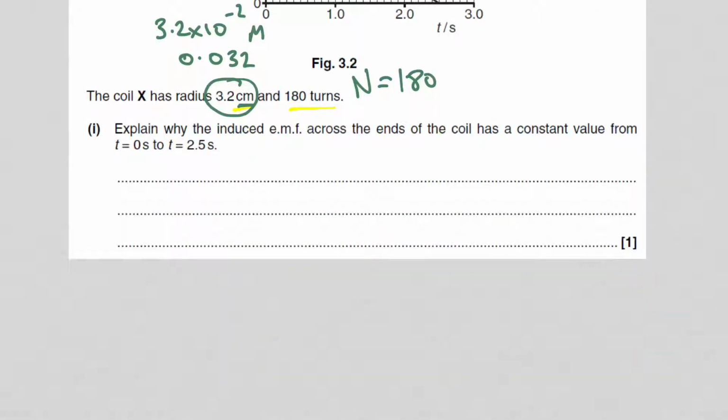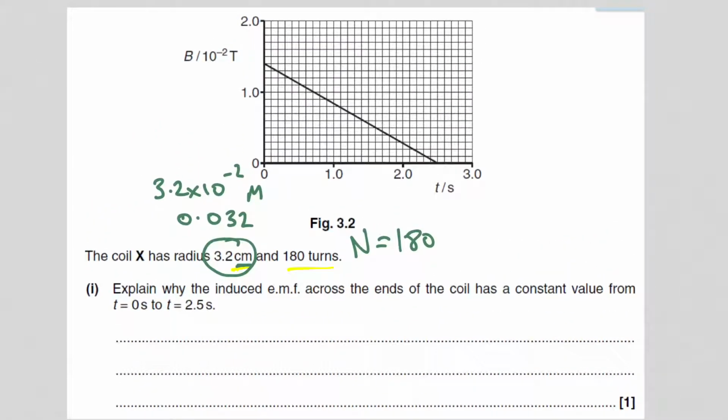So for part I, we need to explain why the induced EMF across the ends of the coil has a constant value from time equals 0 to time equals 2.5 seconds. So you need to notice that on the y-axis is the magnetic field strength and not the EMF, and that's what you need to be talking about. So because it's a constant rate of change, in other words, it's a straight line, then what you get is a constant value of a voltage.